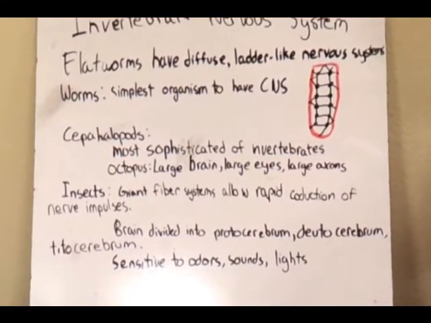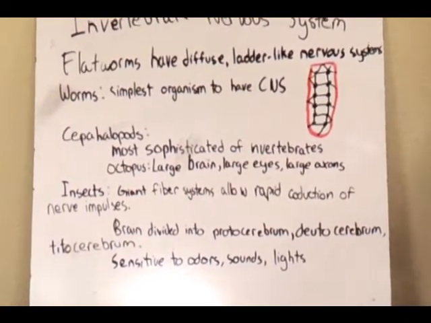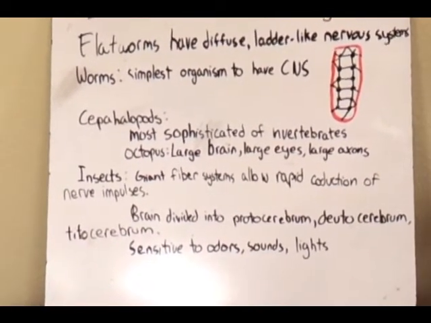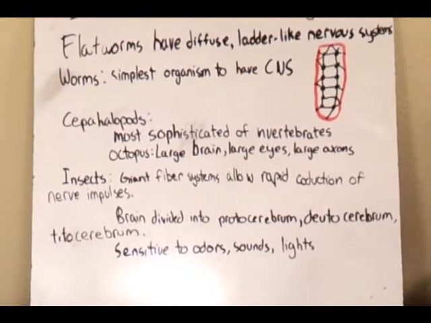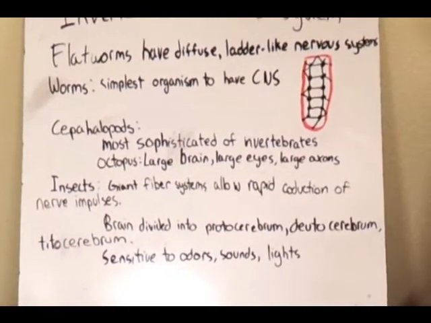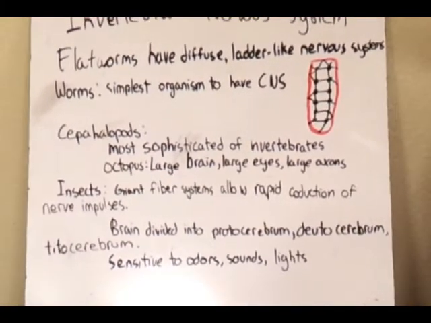This is very evolutionarily important because we can start to see how perhaps the spinal column came about due to the centralization of the nerves in the flatworms.